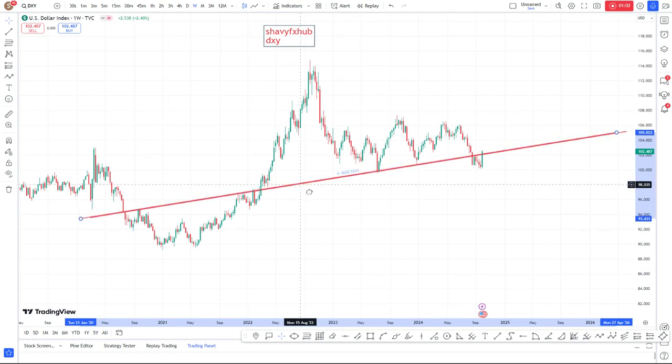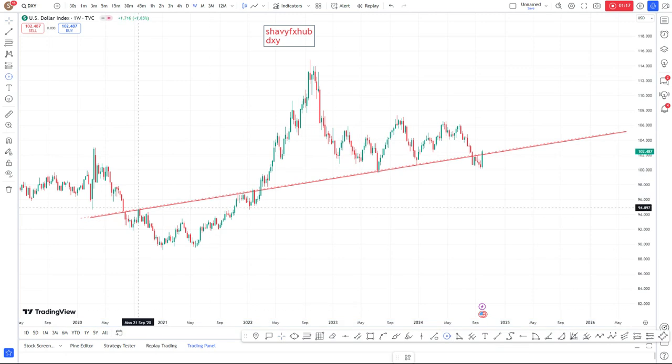So we want to see break of structure. And every break of structure on a weekly is not taken lightly. So we look at it on a weekly base and we're able to spot out where price action has shown us this is when we start to make our formation.